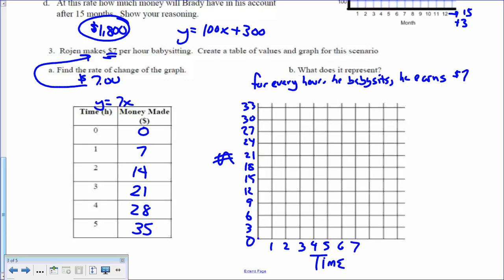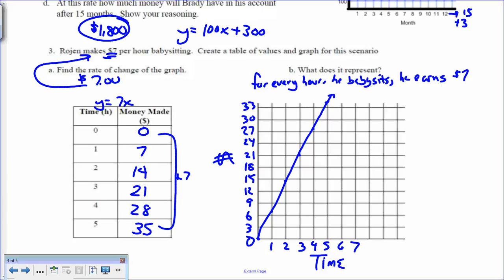So at 0, obviously 0, 0, 1, 7, which is going to be right here. 2, 14, it's going to be right there. 21, which is right here. 28, which is just above. And then 35, which is going to be somewhere about here. And our line. Obviously, if you use a greater scale, like going by 5s, the line will flatten out a little bit more because you've got a greater scale, but you get the idea of what our line looks like. It's linear because of the constant rate of change of plus 7.